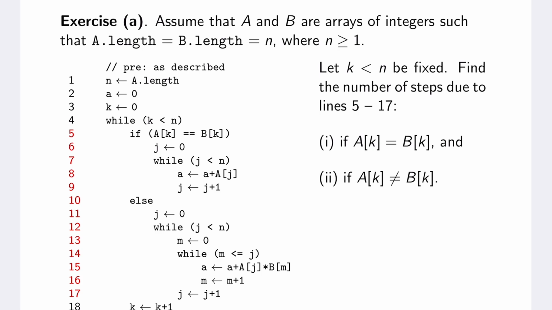And that may or may not take as many steps as if the if block ran. So we don't know what the worst case is, and we're going to have to just do some algorithm analysis straight away in order to find out how many steps each block takes, and then we could figure out a worst case.